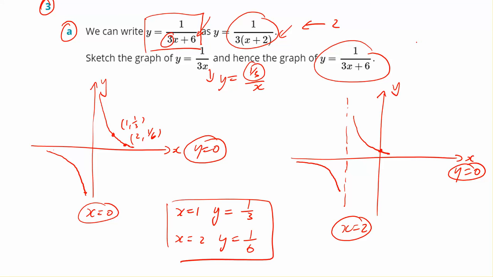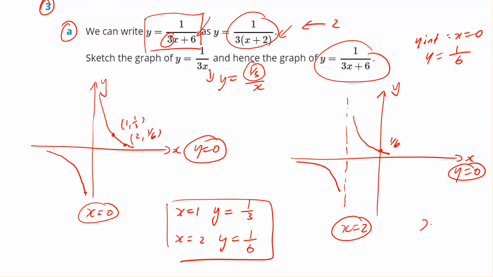For the y-intercept, x equals 0. I'll just literally sub in x equals 0 into that. So 3 times 0 is 0, and you're left with 6. So that's 1/6. Now, because I only have 1 point, which is the y-intercept, I need to make sure I sub in a second point. Remember, I choose easy values to sub in. An easy value might be positive 1.